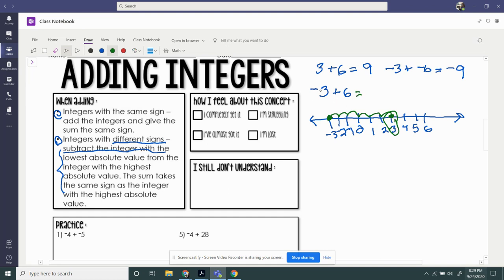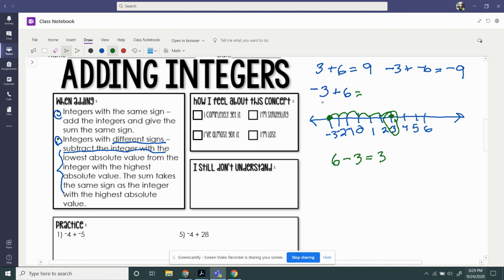Well, the rule is look at the absolute value of each number. So the absolute value of negative 3 is 3. The absolute value of 6 is 6. So we subtract the smaller absolute value from the larger absolute value. So 6 minus 3 is 3. But then we go ahead and take the sign of the larger absolute value.